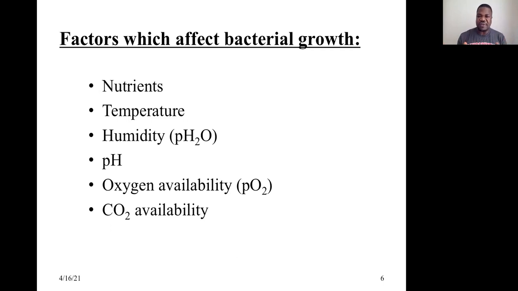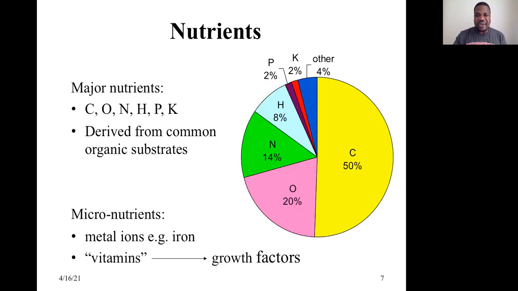All those are important factors which affect bacterial growth, whether it's in our body, in the lab, or in any of the environments that we illustrated. So those factors play an important role.